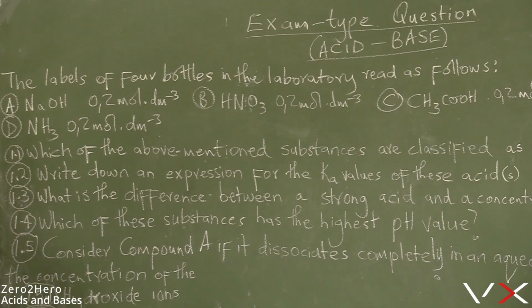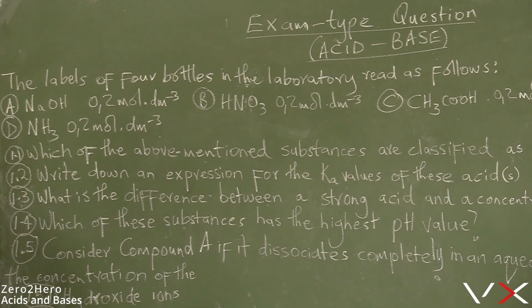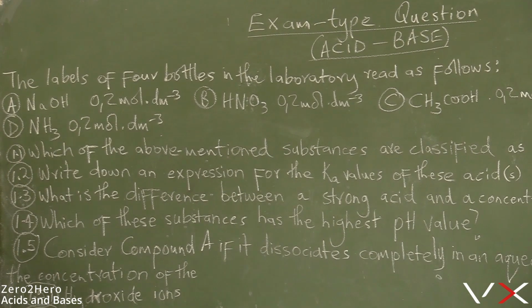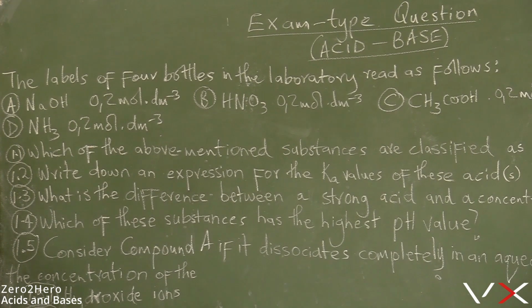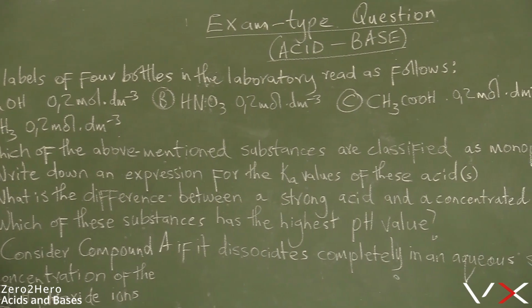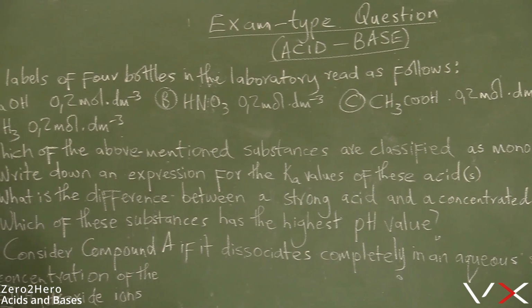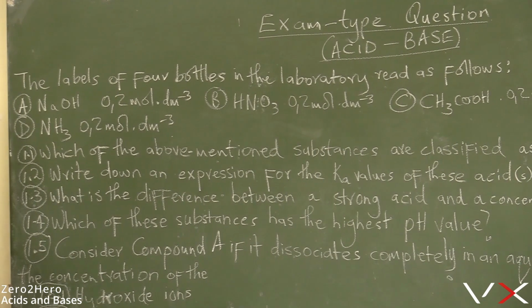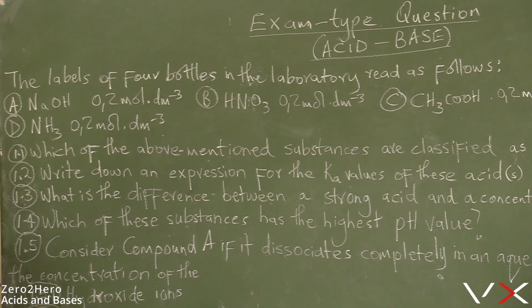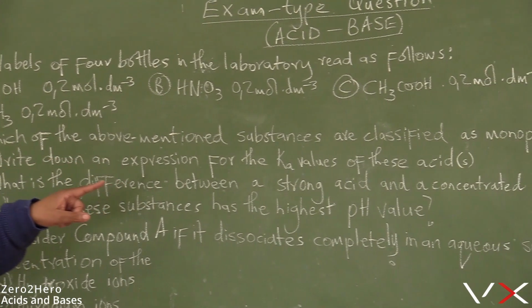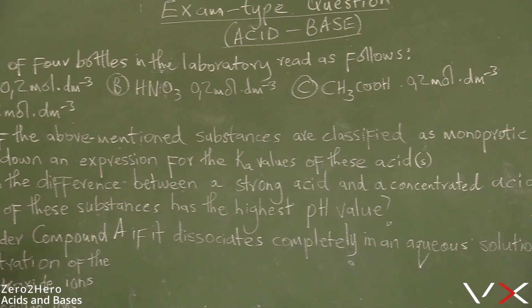C is ethanoic acid, that's vinegar, with concentration 0.2 mole per cubic decimeter, and D is ammonia, concentration 0.2 mole per cubic decimeter. Now they ask 1.1, which of the above mentioned substances are classified as monoprotic?